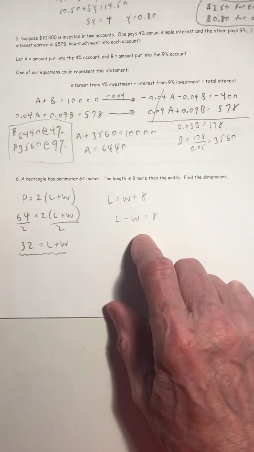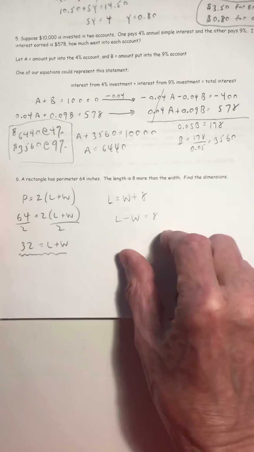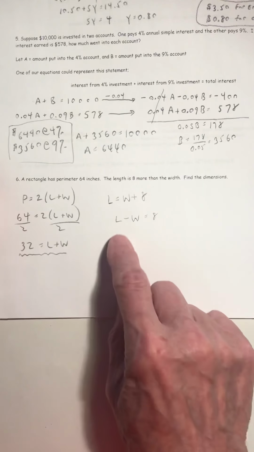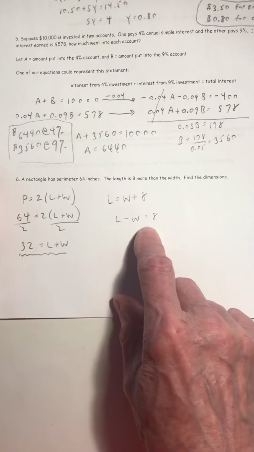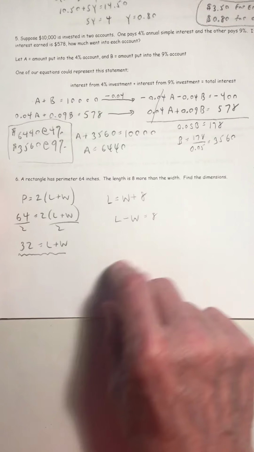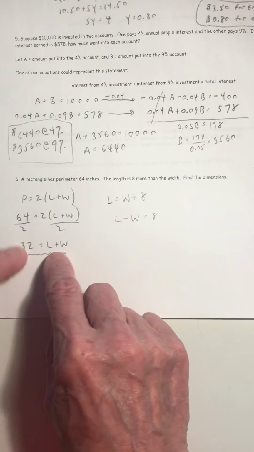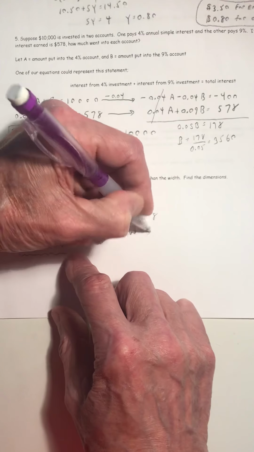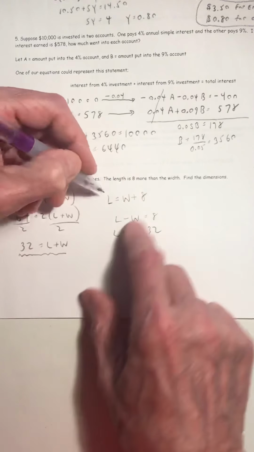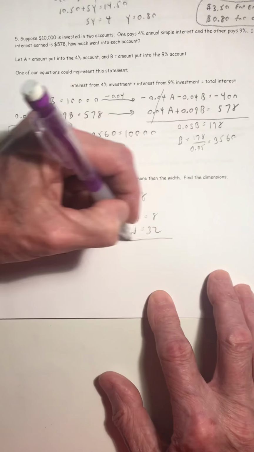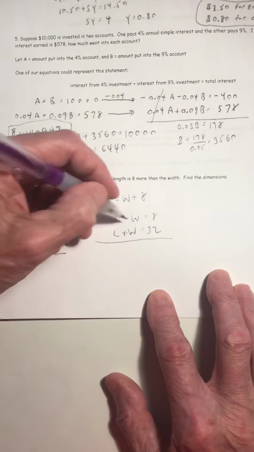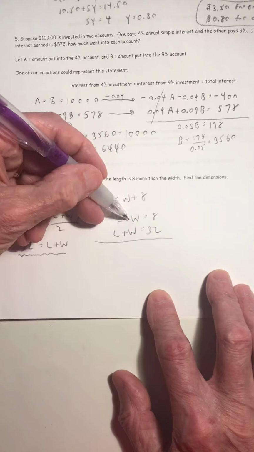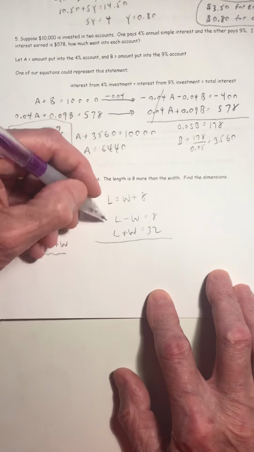Now I can make a nice setup with columns, a column for L, a column for W, a column for the equal sign, and a column for the numbers. I can write L plus W equals 32 right underneath the first one. And now I don't have to do any multiplying because I've got minus W and plus W opposites right there.